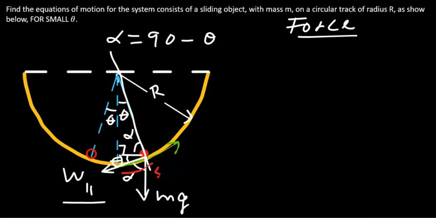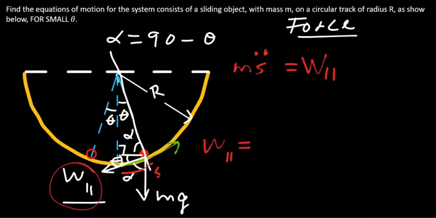Let's call the distance s. So the equation of motion is m times s double dot, which is m times acceleration, equals the net force. The net force here is W parallel. And this W parallel, as you can see, equals mg cosine of that angle, cosine alpha.